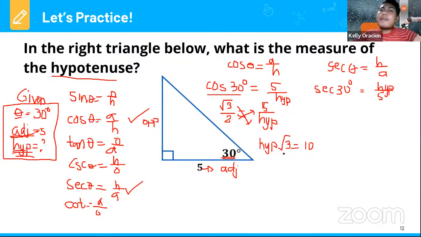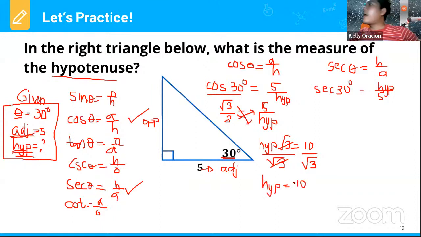And to find the hypotenuse, algebra lang tayo dito. Divide both sides by square root of 3. So the hypotenuse is 10 over square root of 3.